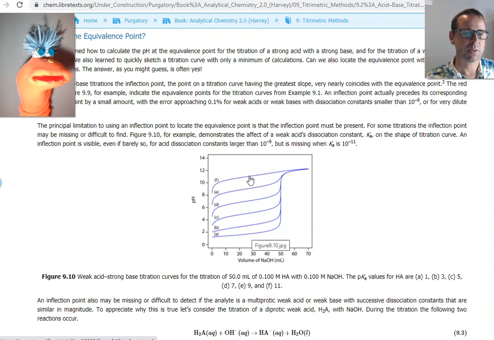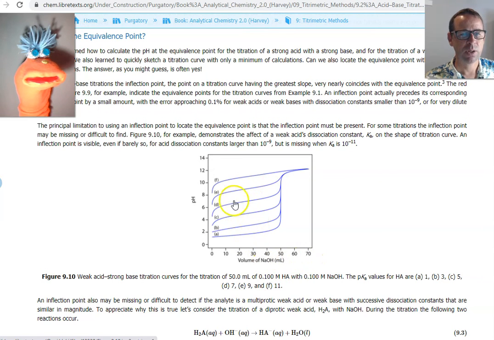And sometimes if the pKa is too close to that of your titrant, you're not going to be able to determine the concentration of your acid. See, this F here, you would see this slope like that, and there's no really good inflection point. Even E will be difficult to get the correct inflection point.